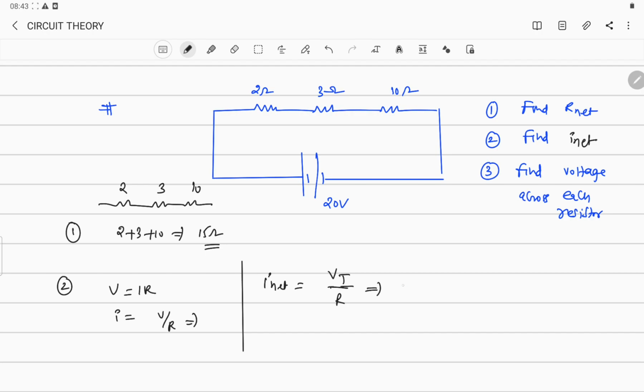In the given problem the total voltage is 20 and the total resistance we got is 15, so the answer is approximately 1.3 amperes.